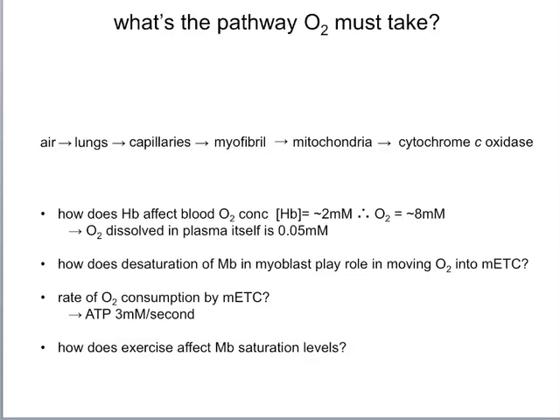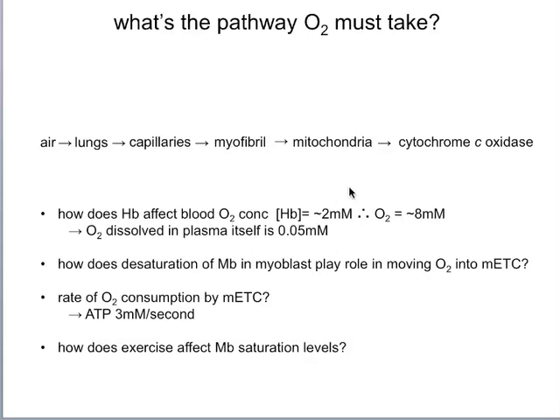So let's think about, and we're skipping ahead a little bit to hemoglobin because you can't really separate the functions of hemoglobin and myoglobin very effectively. But I'm asking you some questions here just to chew on. How does hemoglobin affect blood oxygen concentration? Remembering that I told you that the concentration of oxygen dissolved in the solution is something like 0.01 millimolar.